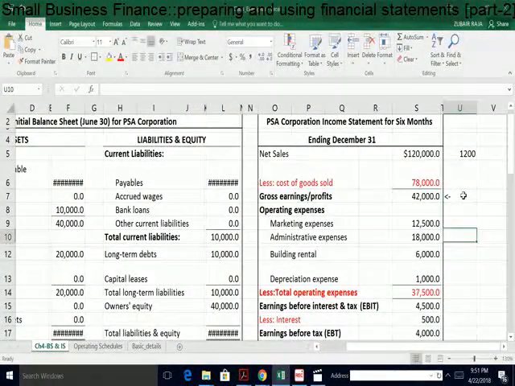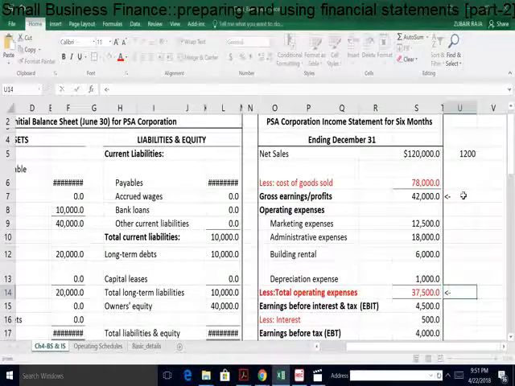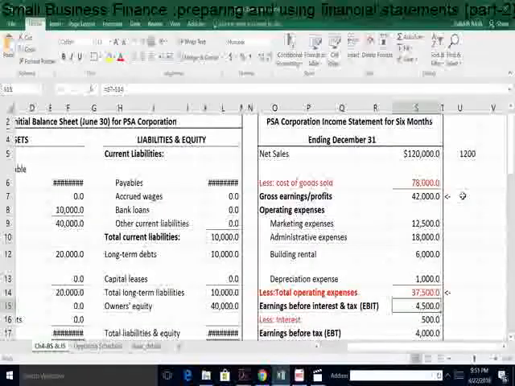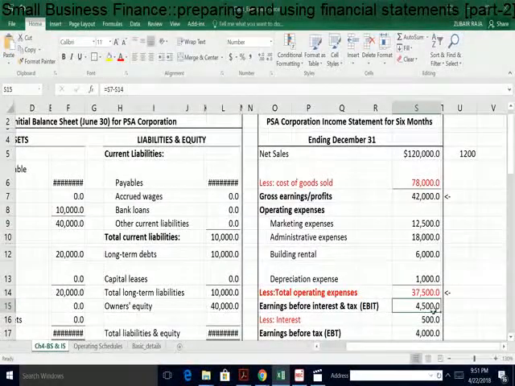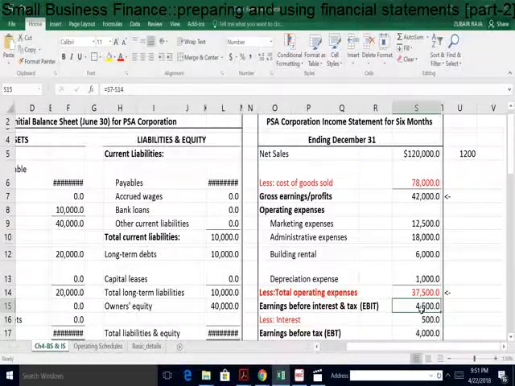I am subtracting from this S7 the total operating expenses. So I subtracted from gross profit the total operating expenses in order to reach earning before interest and tax. So this is the earning from which the PSA Corporation has not yet paid the interest and the tax.